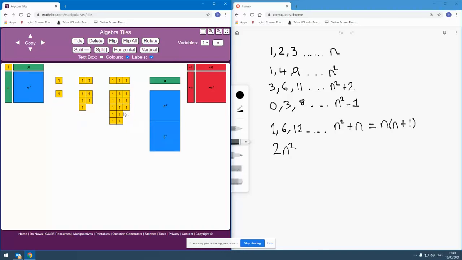So what I've got is another one of those squares, but then I've got that bit missing there. And I've got this bit missing here, but now I've removed this bit twice. So I need to put that back in.